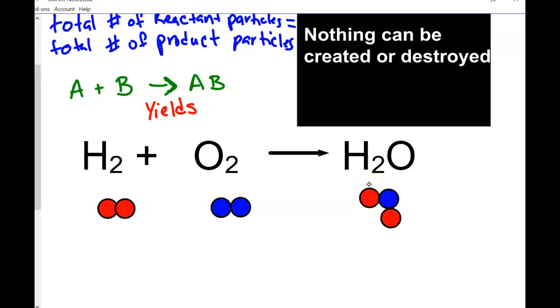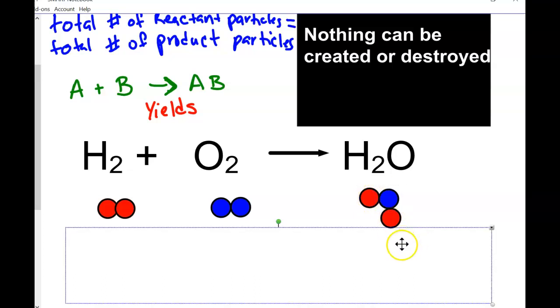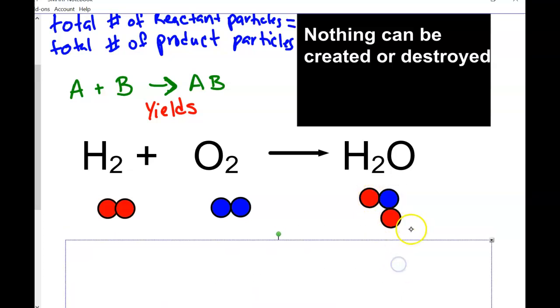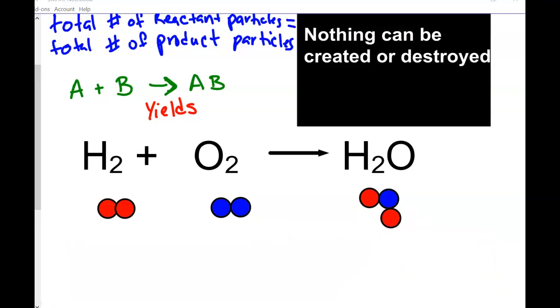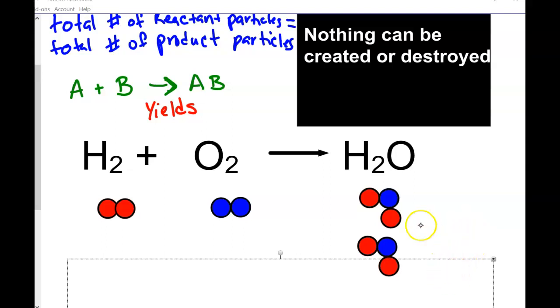That can't happen. So we need to multiply our H2O to show that for every time water is made, there's going to be two oxygens. So that means I'm going to end up making another water molecule. All right, and there is our other water molecule. So it's going to have to make two water molecules.